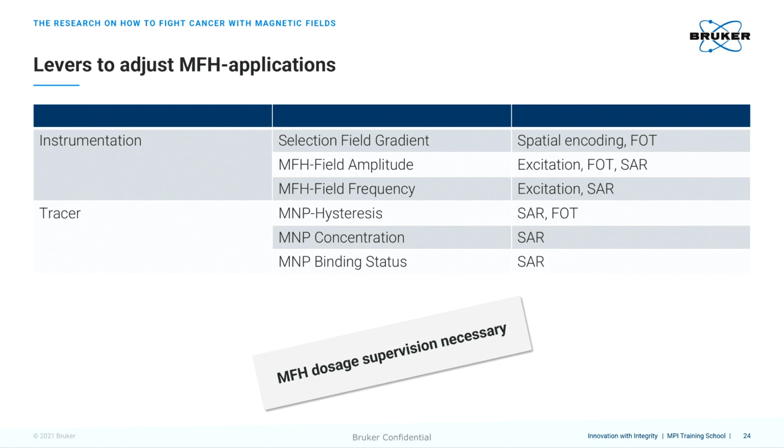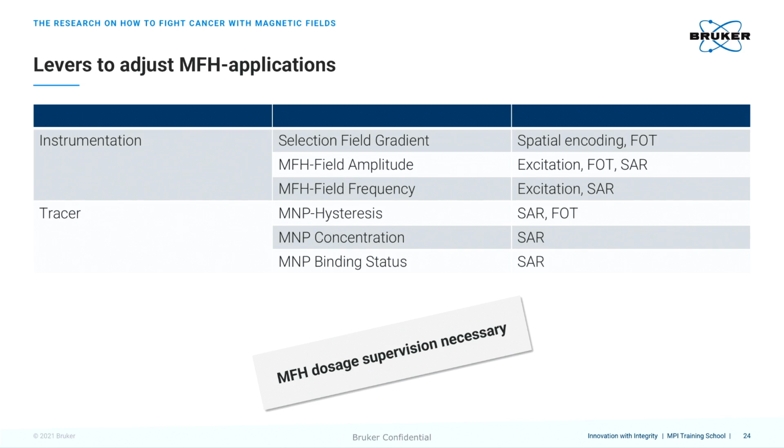The magnetic fluid hyperthermia amplitude will also, first of all, change the excitation and the span of this hysteresis, and therefore will have a very high effect on the specific absorption rate, but it also changes the field of therapy. The frequency of the applied field will have an effect on the excitation and therefore the specific absorption rate.